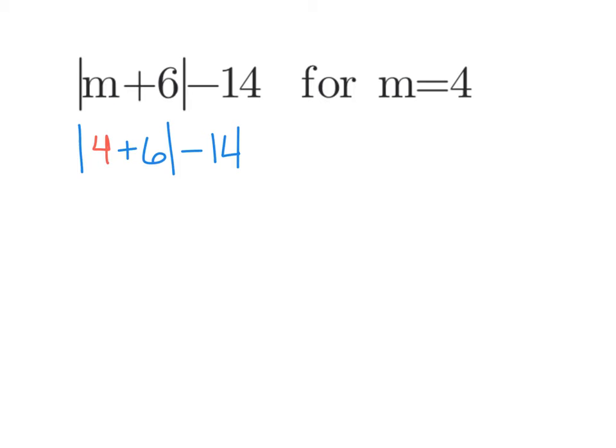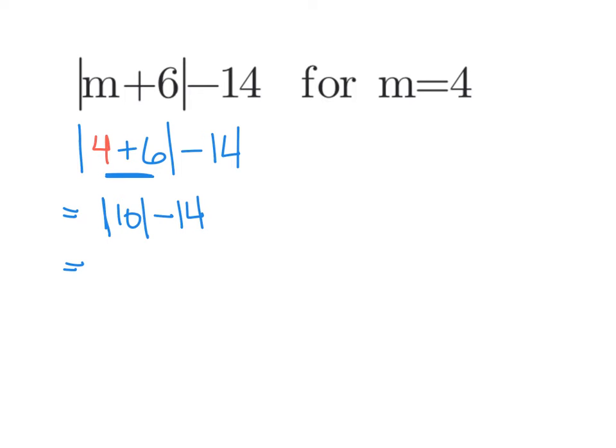So going back to this problem, we have the absolute value of m plus 6, minus 14. We've already substituted the 4 in for m, and now we need to simplify the rest of the expression. So we take care of our grouping symbols first, which is going to be the absolute values, and we simplify what's in there. 4 plus 6 is going to be 10. Next, actually find the absolute value of that 10.